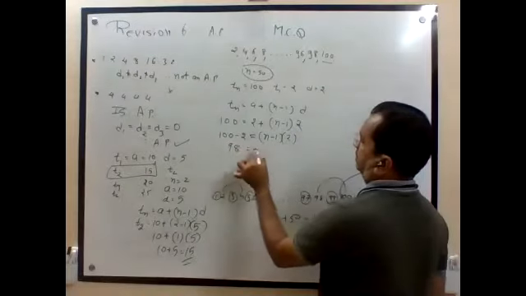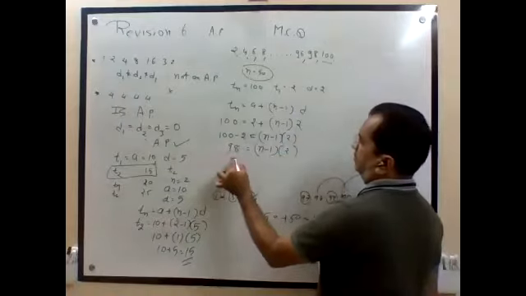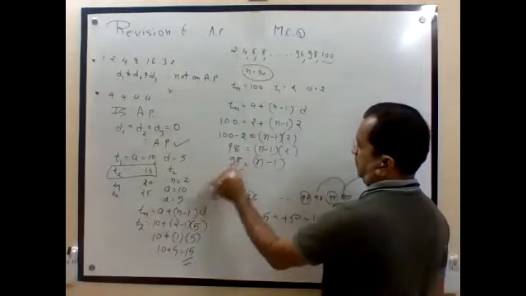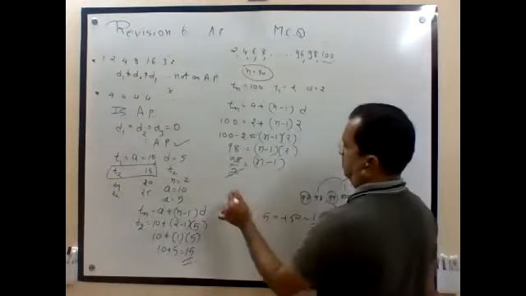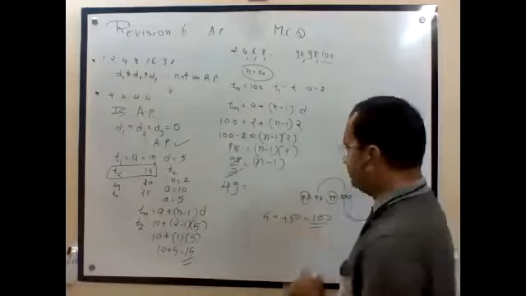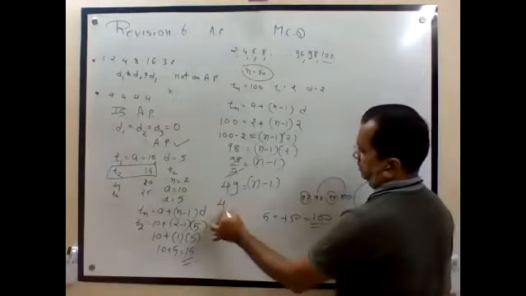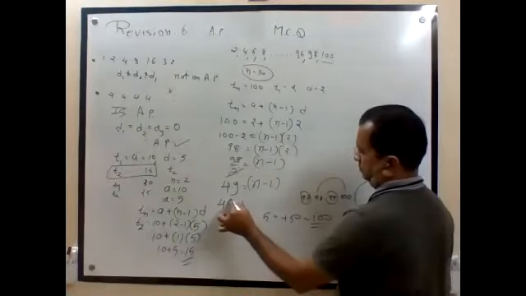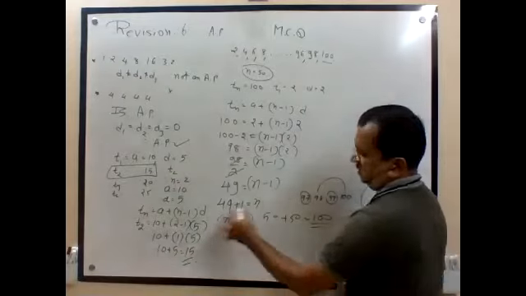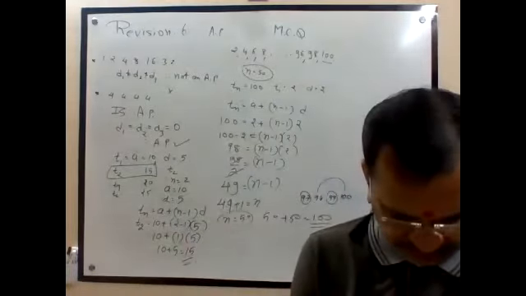So 98, divide by 2, that is 49. 100 less 2, 1 less. This goes this side. This is official, but in MCQ no need to do the rough calculation.